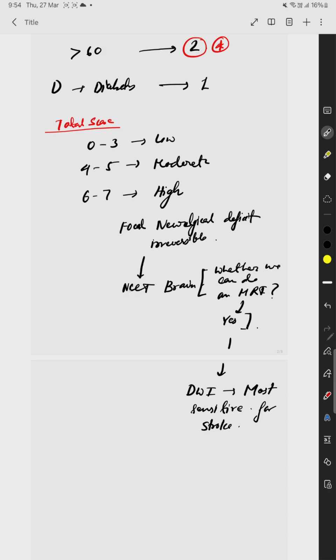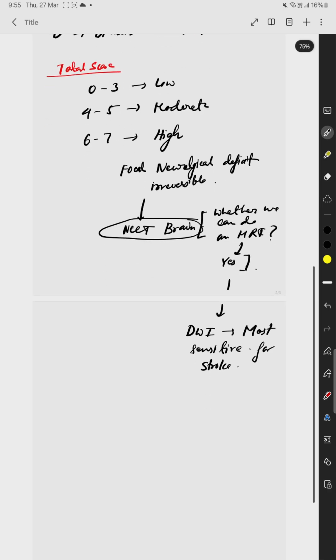Unless it is a stroke center or somewhere where it is readily available, only then can we get an MRI. So we have to do an NCCT brain. Whenever we see such patients having weakness in arms, slurred speech or drooping of face, we directly go for an NCCT brain. We do not do MRI because it is not readily available, even though DWI is most sensitive for stroke.